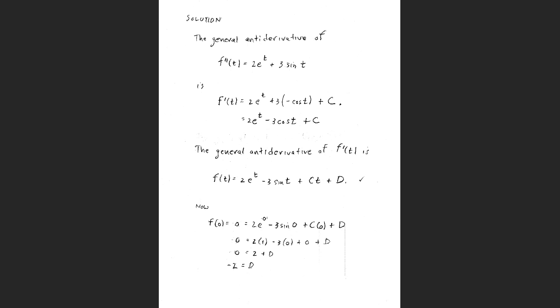So what I'm trying to do is justify why the antiderivative of the sine is equal to the minus cosine of t. And we know that, sorry, hold on, one moment.